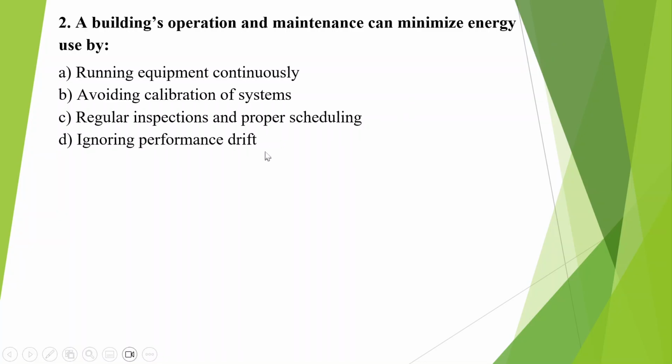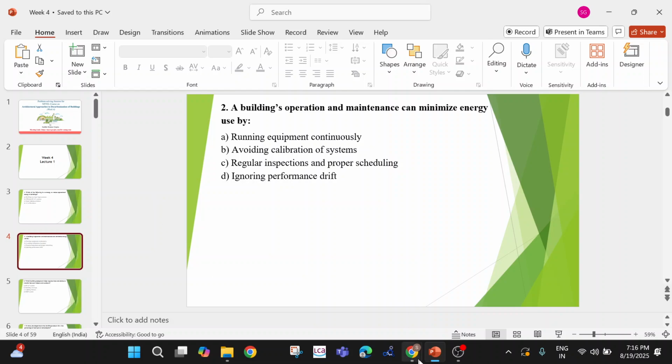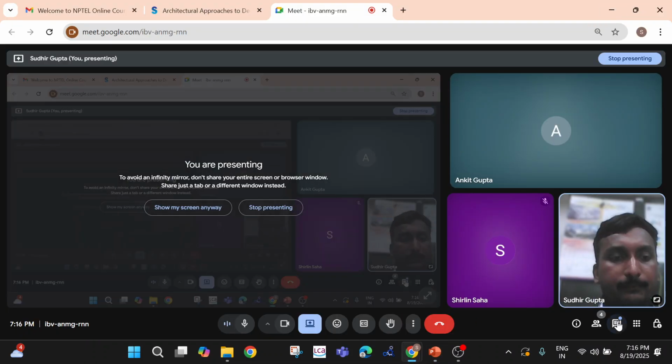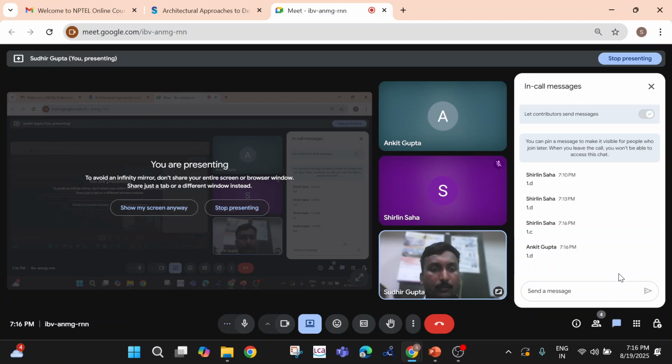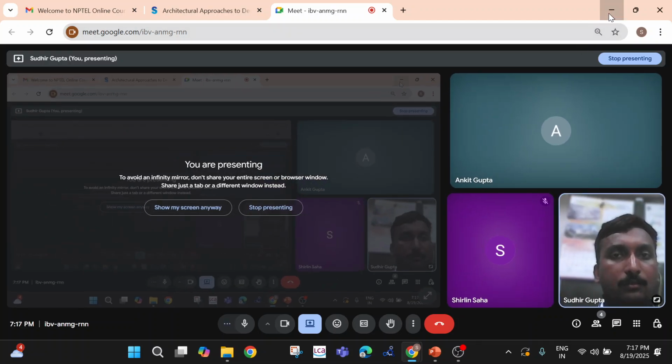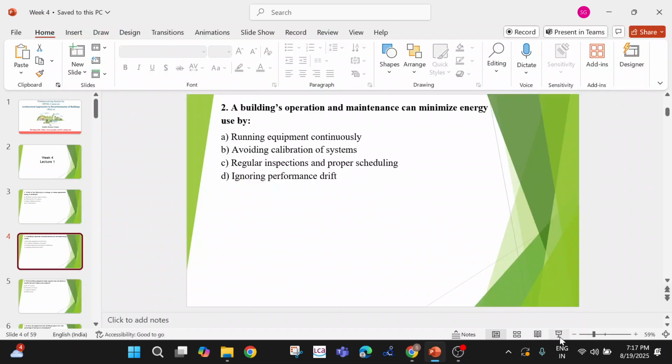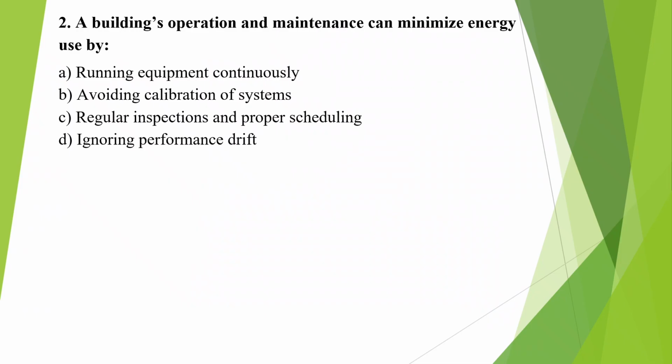So let's see how many of you were able to answer it correctly. Celine is opting for option C, but Ankit is going for option D. So let me discuss this question. Option C is the correct answer.